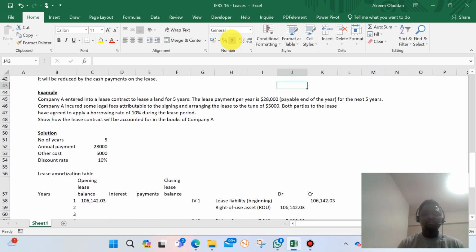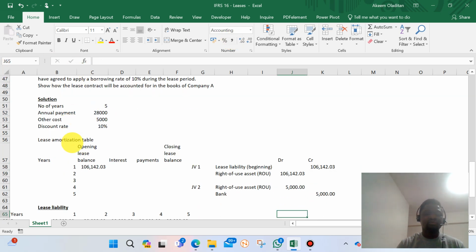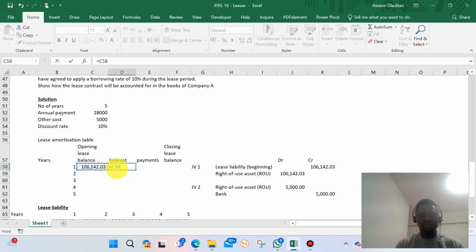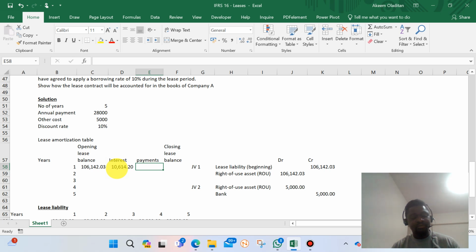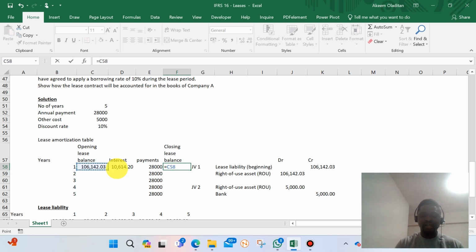So now what we need to do is, because we know that the interest rate is 10%, we apply that 10% on this initial amount. Then what are the payments? The periodic payment, the question says 28,000, right? That 28,000 is the same amount, it's not changing for each of the years. So the closing balance of the lease will now be the opening balance plus the interest charge on it less the payment made.